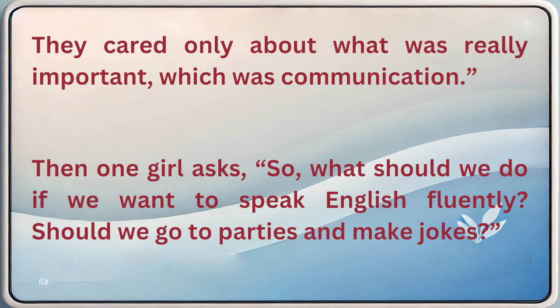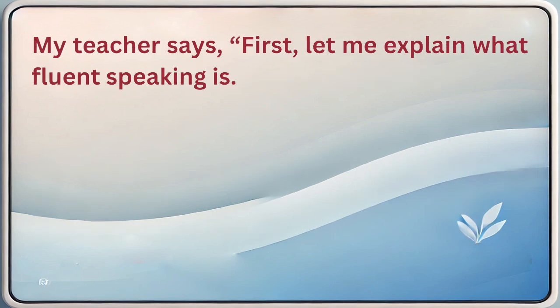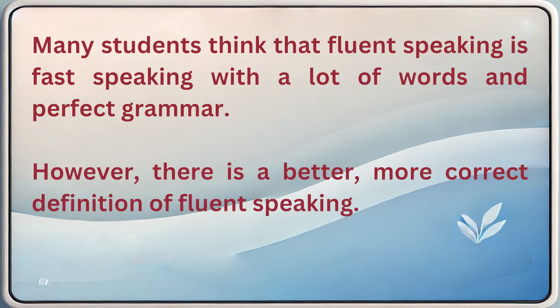Then one girl asks, "So what should we do if we want to speak English fluently? Should we go to parties and make jokes?" My teacher says, "First, let me explain what fluent speaking is. Many students think that fluent speaking is fast speaking with a lot of words and perfect grammar.